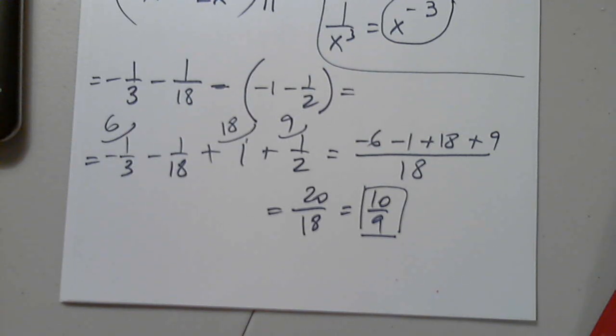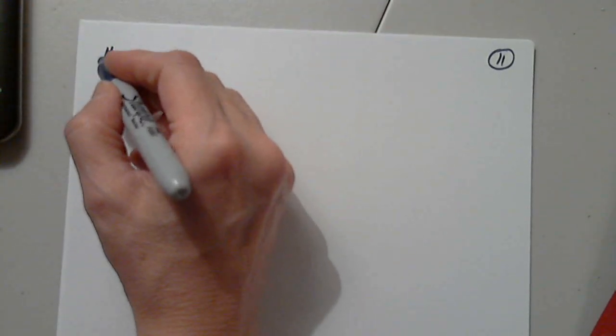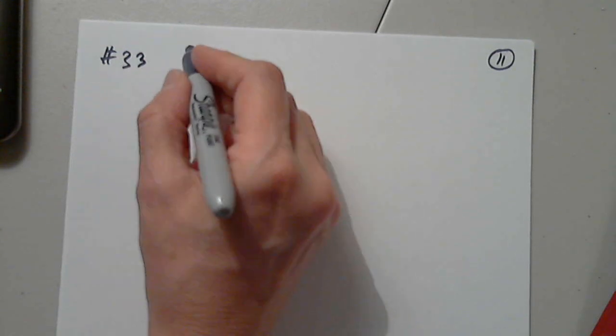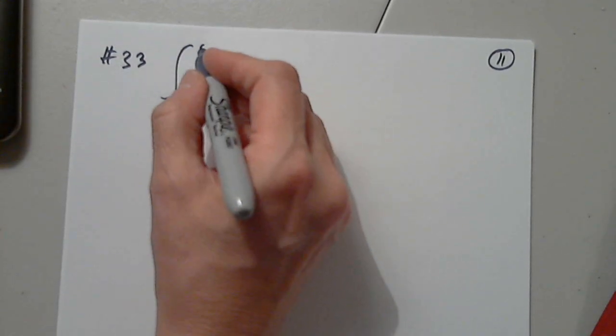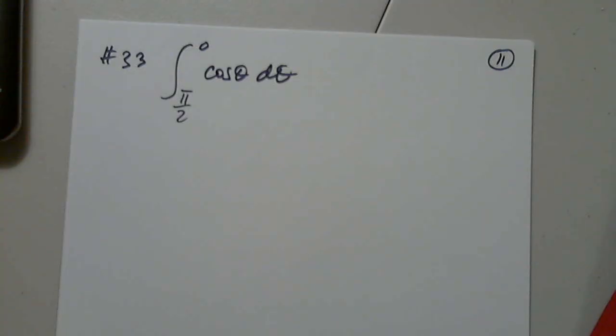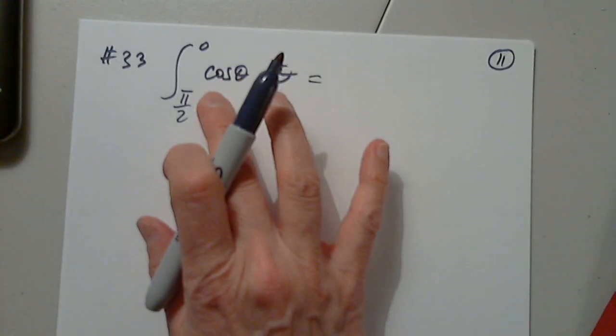Let's do the cosine. That's my page 11. So this was number 33: the integral from pi over 2 to 0 of cosine theta d theta. Good. Which function prime is cosine?